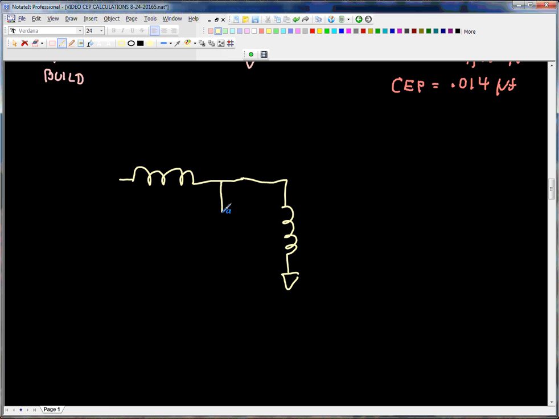And we expect to have a CEP value down here. We just calculated this value. In fact, it was 0.014 microfarad. This is LLP. This is LM. That's where we use it.